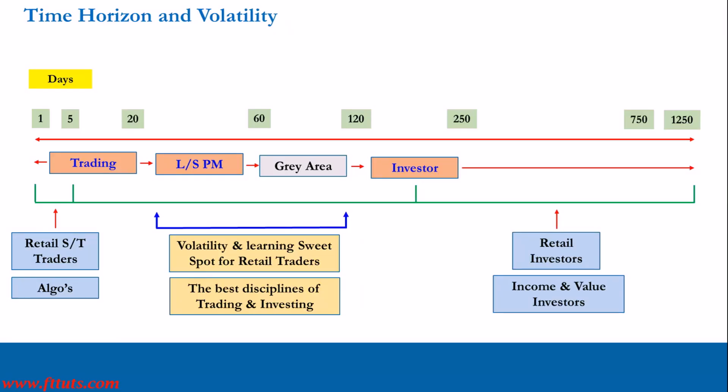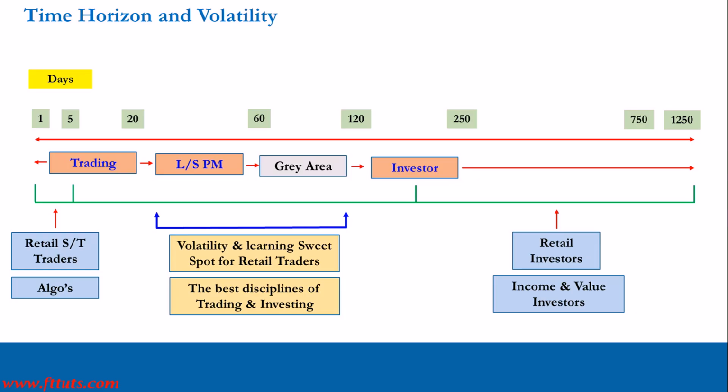And then we go all the way out to 120 days, 250 days, which is one financial year for trading, because there's 250 trading days in a year, 750 trading days, 3 years, and 1,250 trading days, 5 years. Okay. So we're looking at trading days in terms of our time horizon.